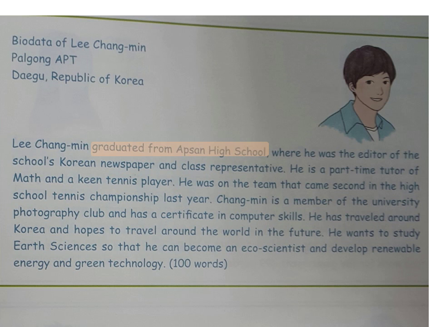Okay, we can see the education was orange. He graduated from Upson High School. Another kind of training that he got at that school was as an editor of the school newspaper, and he also was the class representative. Next, jobs. He worked part-time as a math tutor.